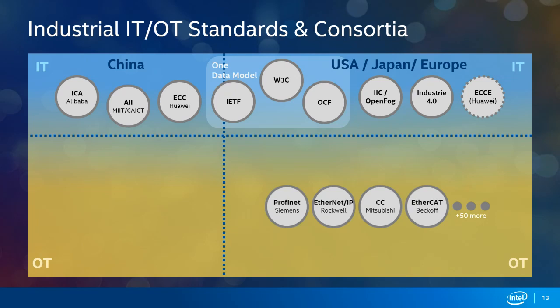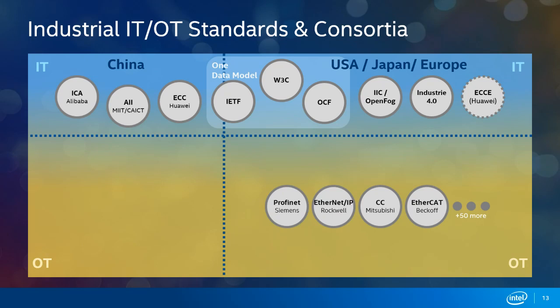The consortia across the top are mainly attended by what we typically see as technologists coming from the IT domain. They understand internet technologies. These are the common technologies that we're seeing today with our PCs and laptops and communications.